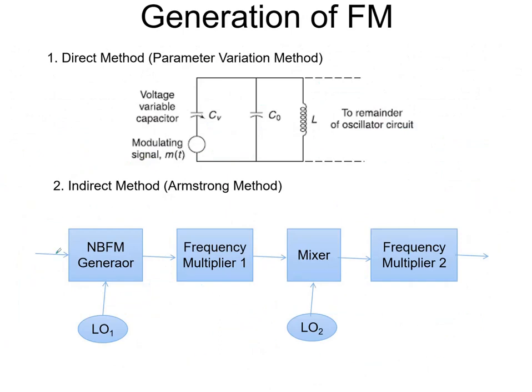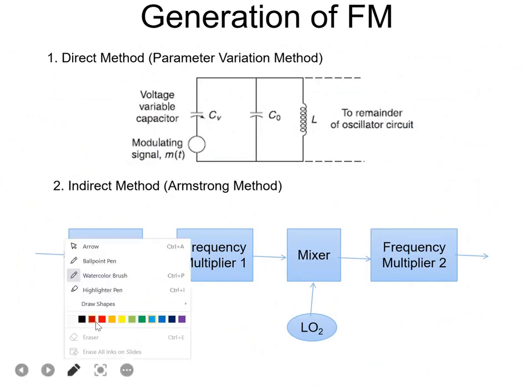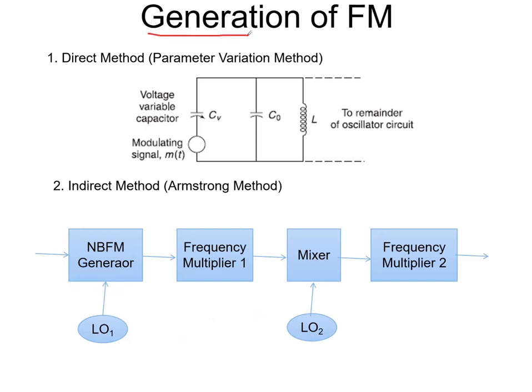Now let us see what the different generation methods for FM are. Our last two topics are generation and detection of FM, and then the superheterodyne receiver. Here there will be a variable capacitor, a fixed capacitor, and an inductance, and the frequency is given by 1 by 2 pi root L equivalent times C equivalent.